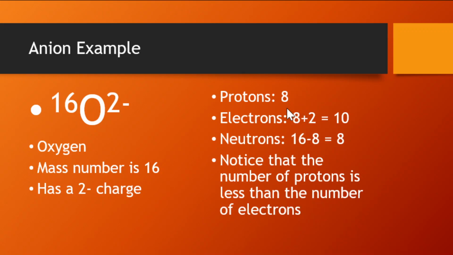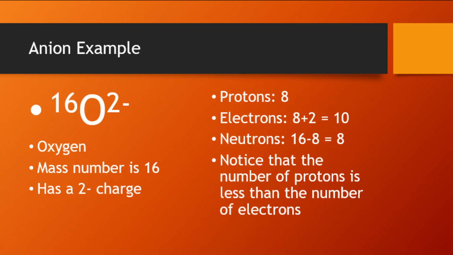We're going to start with how many we would normally have in a neutral atom, which is 8. Now, because it's a -2 charge, we're going to add that charge to our number of electrons. So there's that 2. That means we're going to do 8 plus 2. So that means that in that oxygen anion, it has 10 electrons, total of 10 electrons.